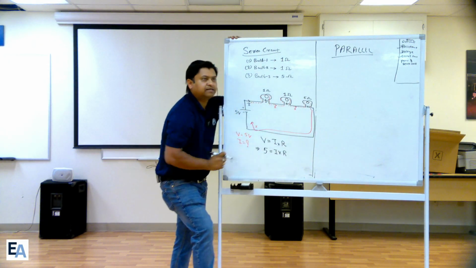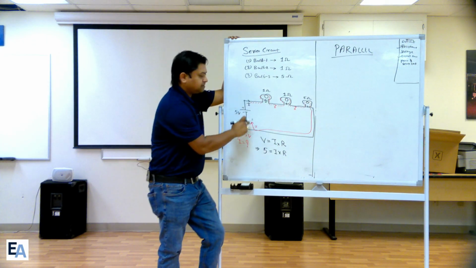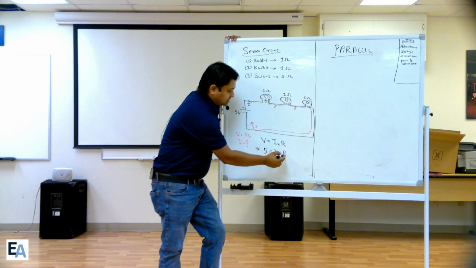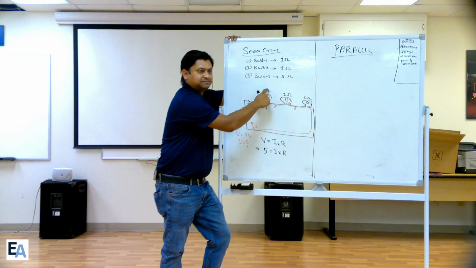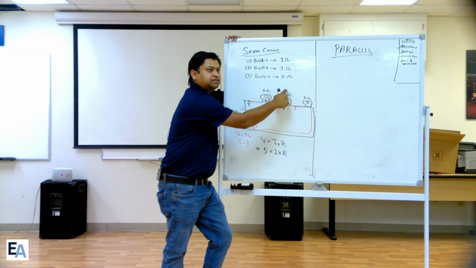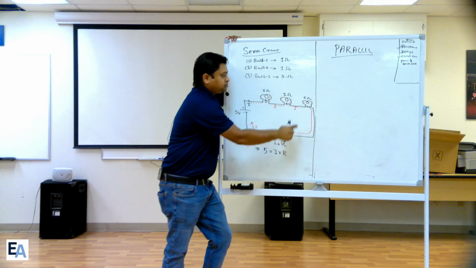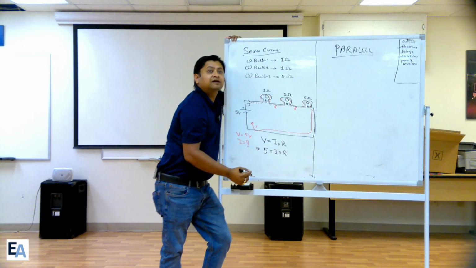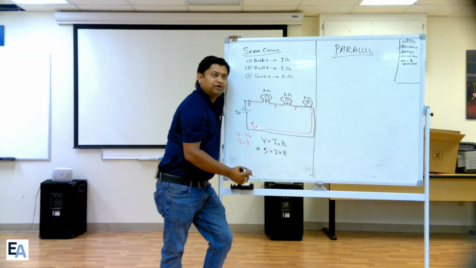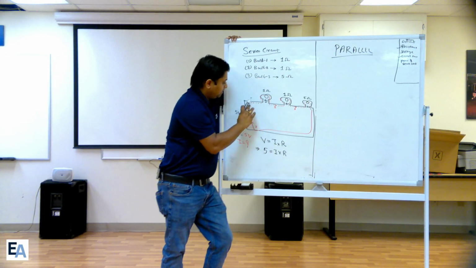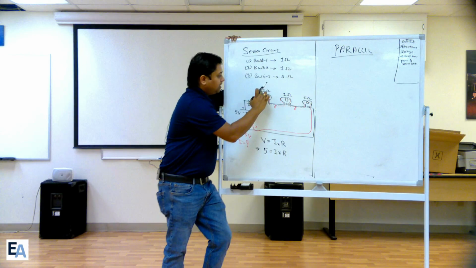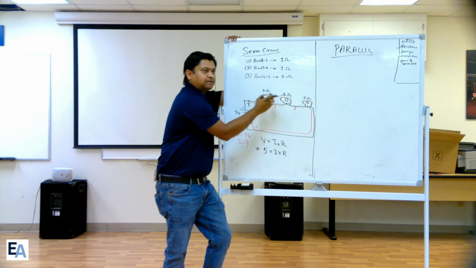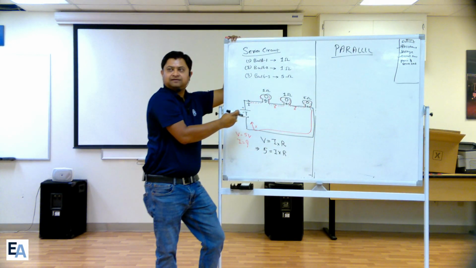But what is this resistance going to be for this circuit? Now this resistance is not going to be just 1 ohm, or just 5 ohm. It's going to be 7, because for this circuit, everything together applies this resistance, correct?